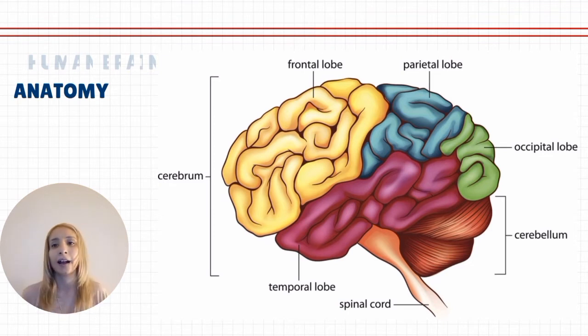You can see in the picture, it involves understanding speech. The motor cortex is located in the frontal lobes. It controls the movement of the muscles, and the arcuate fasciculus connects the Wernicke area with the Broca area.